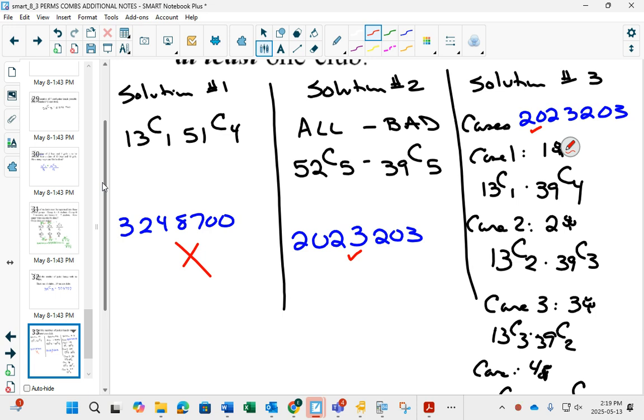Now, why did our brain make us think the first one was right, but it was actually wrong? Well, there's actually a problem. If you have two decisions like we did here, and you could choose the same thing in either part, like in my 13 choose one, I could choose the ace of clubs, and then the 7 of clubs over here.